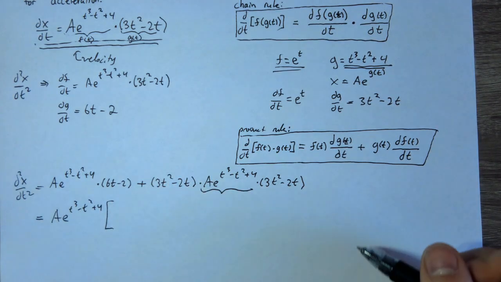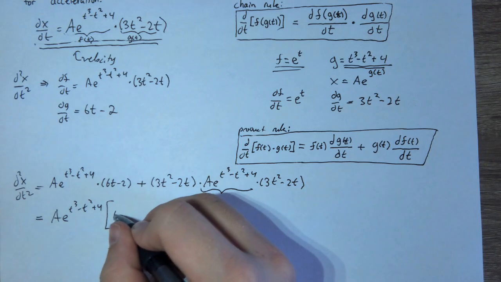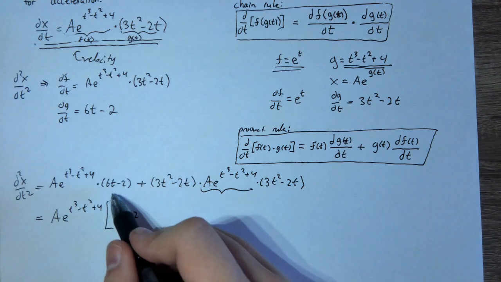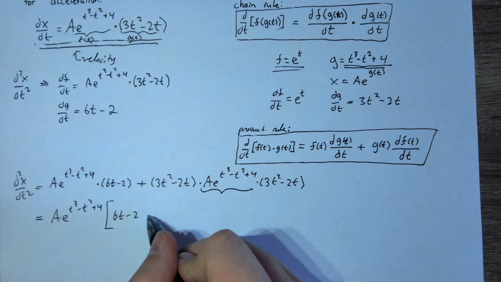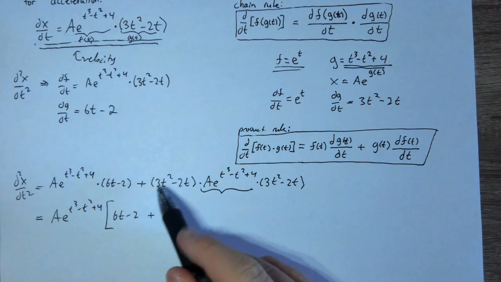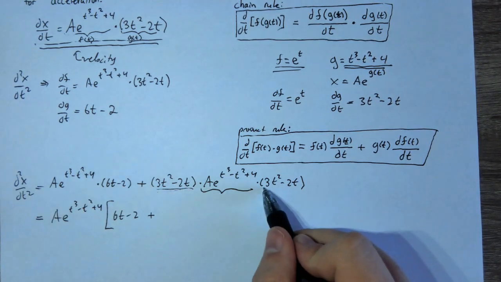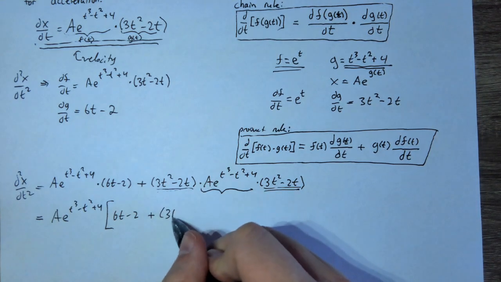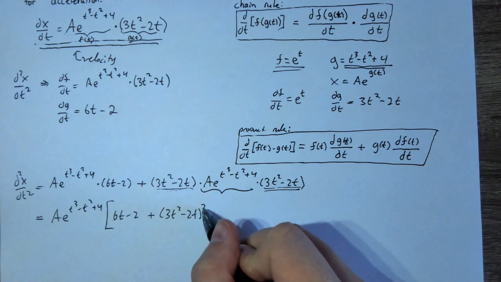And then we have big brackets, 6t minus 2, whatever's left over in the terms. So that's left over in this term. And then we have this multiplied by this, which are the same thing. So we can just write that squared.